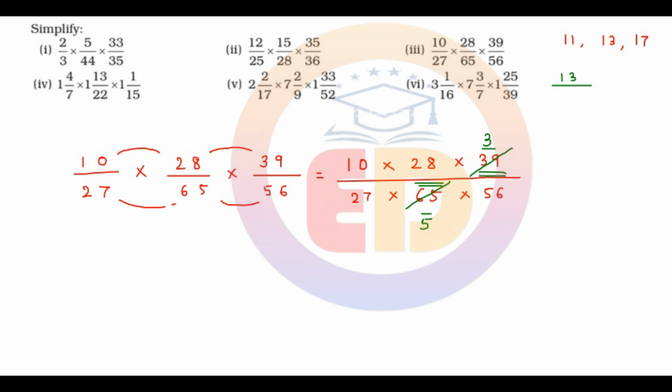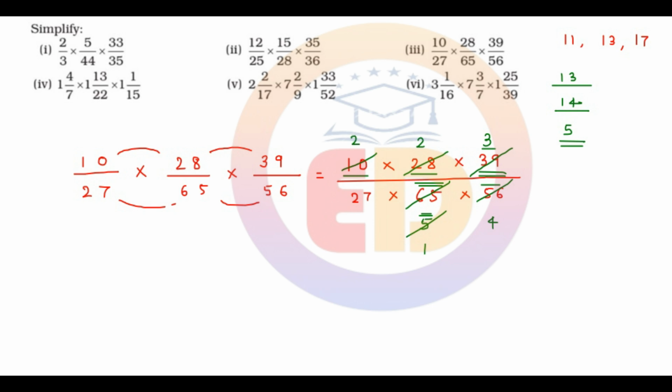Now we know the table of 14, that in the table of 14 both 28 and 56 will appear. 14 2s are 28 and 14 4s are 56. Now in the numerator I have 10 and in the denominator I have 5. Both can be divided by 5 as 5 1s are 5 and 5 2s are 10.